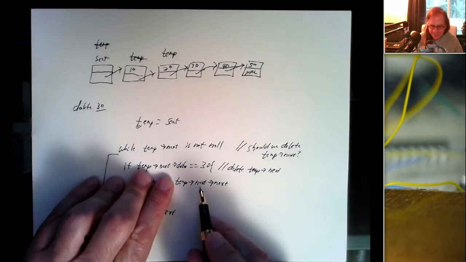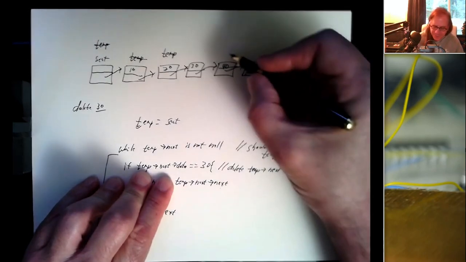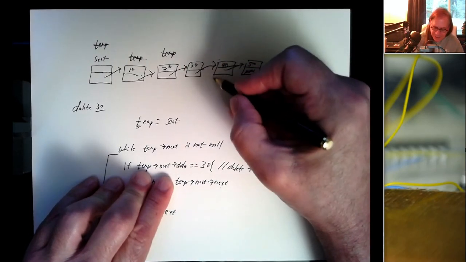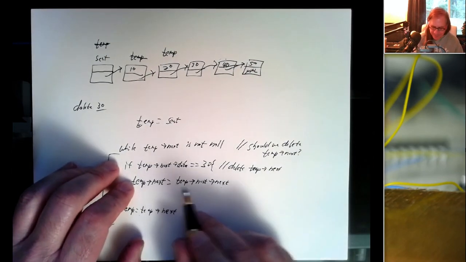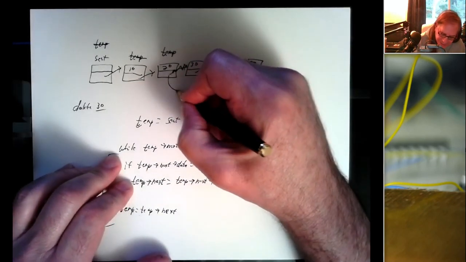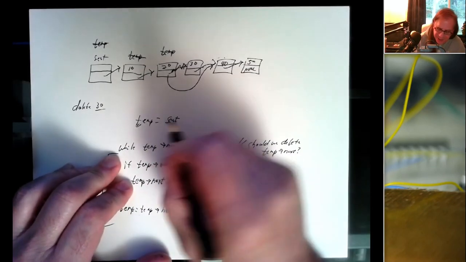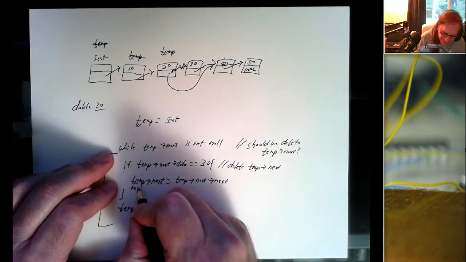First we're going to take temp next, that's this 30 node, and we're going to look at its next field. Well, that's the address of this 40 node. And now we're going to say temp next equals that address of the 40 node. Well, that's what does the magic of taking this and changing it so it points to that. And then we can just say return.